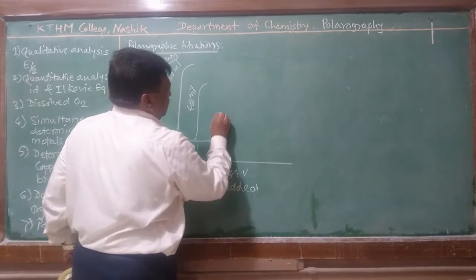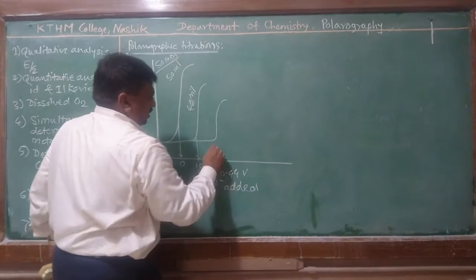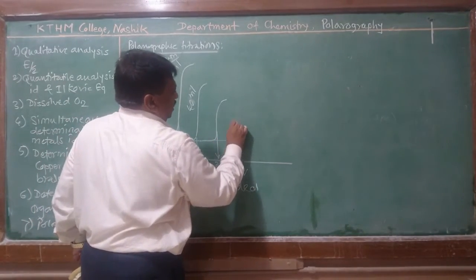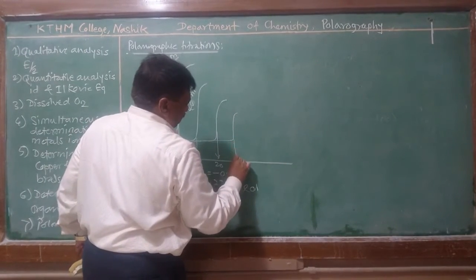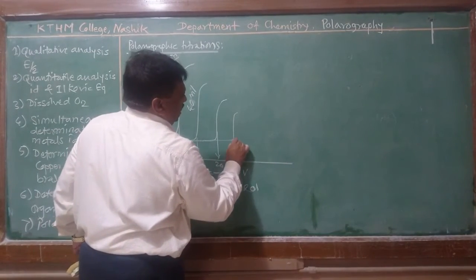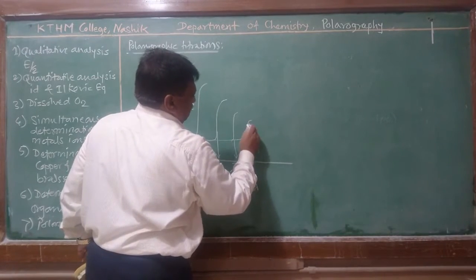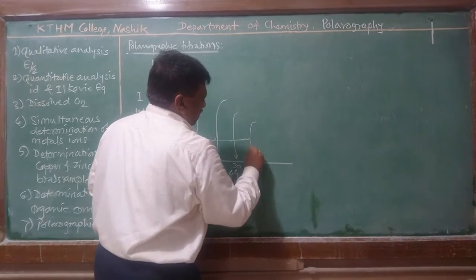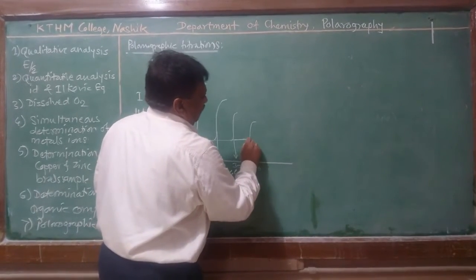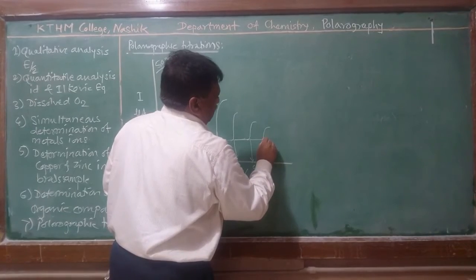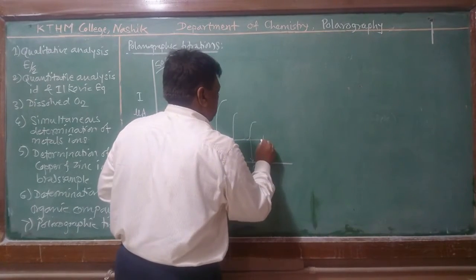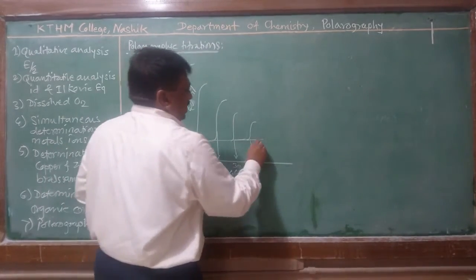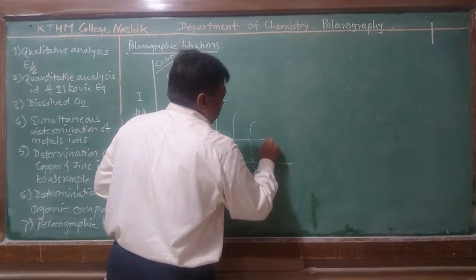Again, in the third case, the diffusion current decreases when we add 20 ml. Then again it decreases when we add 30 ml, again when we add 40 ml, and again when we add 50 ml.